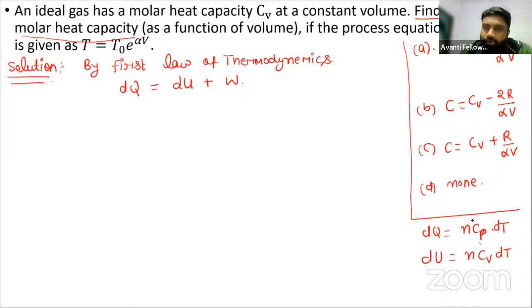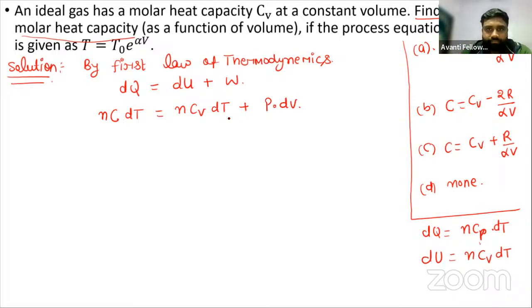Now Cp, I will assume C, because in the option it is given as C. So I can write it as nC dT is equal to nCv dT plus P into dV. This is the work done, P into dV.